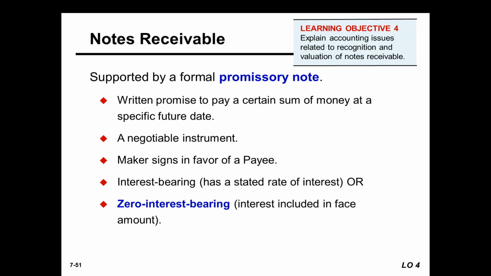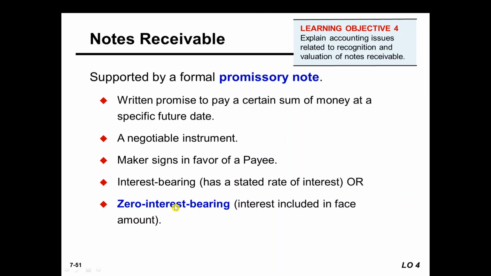Different from an account receivable, the notes receivable is based on a written promise, not on an oral account. It is called account receivable because it is an oral account, while this is notes receivable because it is written.